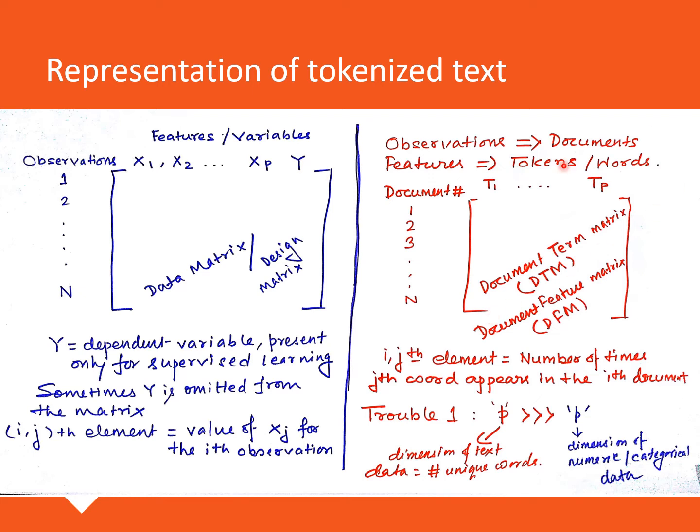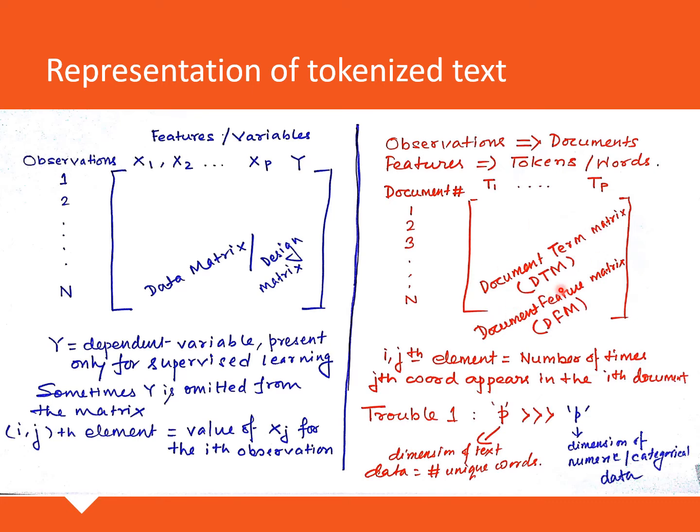The other problem is that this matrix will be very sparse, in the sense that there will be lots of zero entries in the document term matrix.